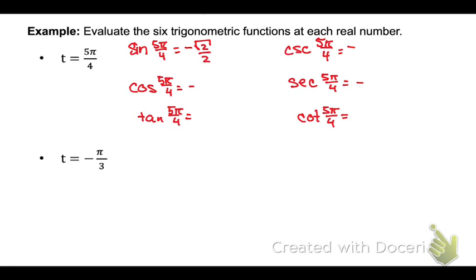So then cosecant, I reciprocate that, right? So I have 2 over square root of 2, and I have to rationalize it. So it gives me negative 2 square root of 2 over 2. Does it simplify? Yes. So I get negative square root of 2. Do you see why you're going to want to remember that rather than do it all?